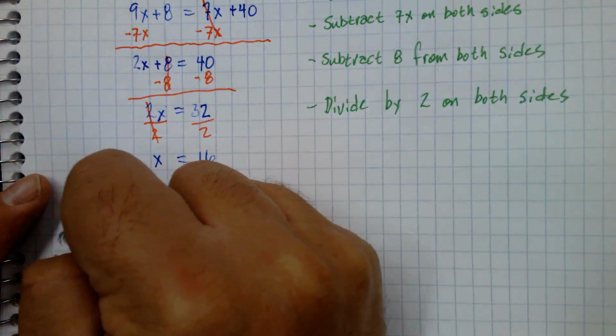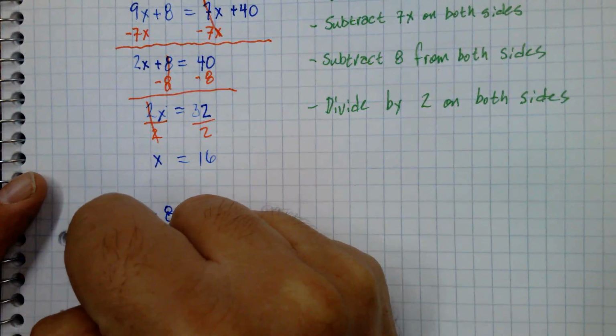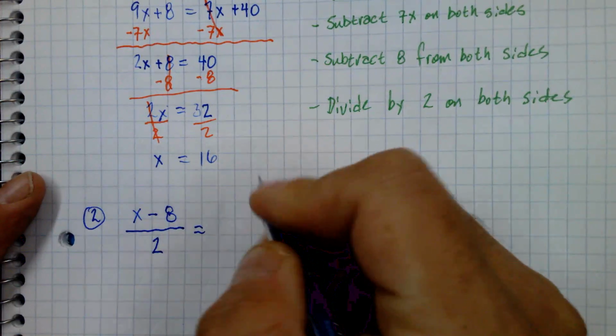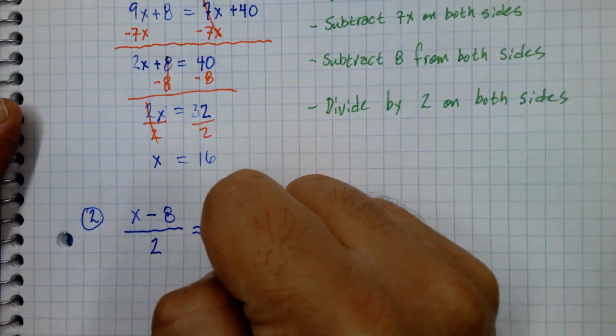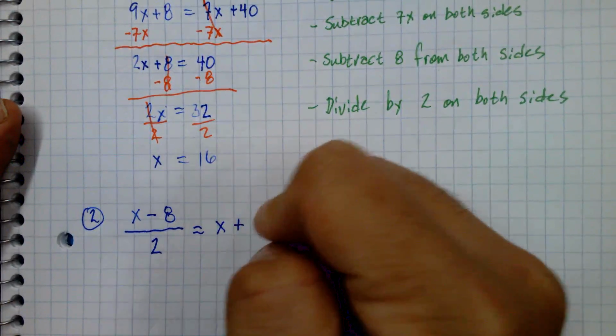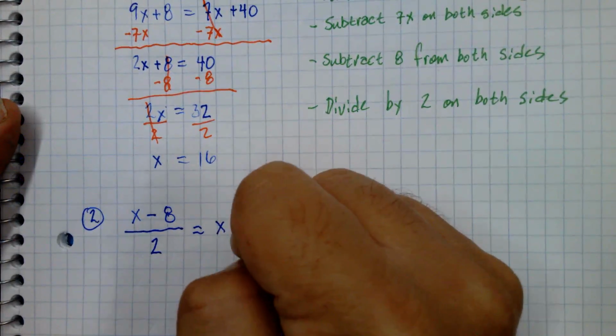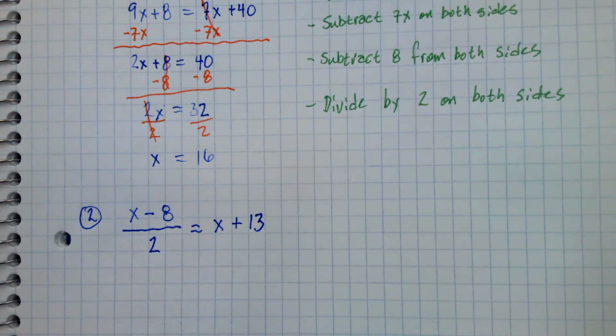x minus 8 over 2 equals x plus 13. Go ahead and write that down.